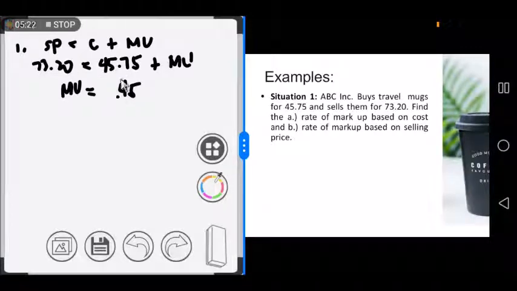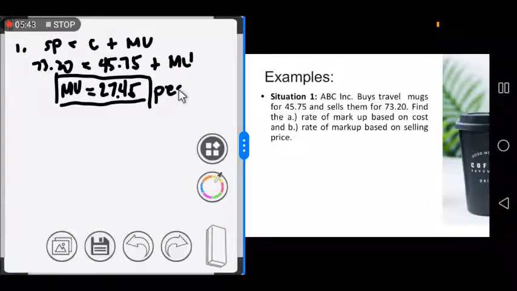Then this will become 2. 72 minus 45, so 12, 7. Then this will become 6 and 4, so 2. So 27.45, in pesos also.